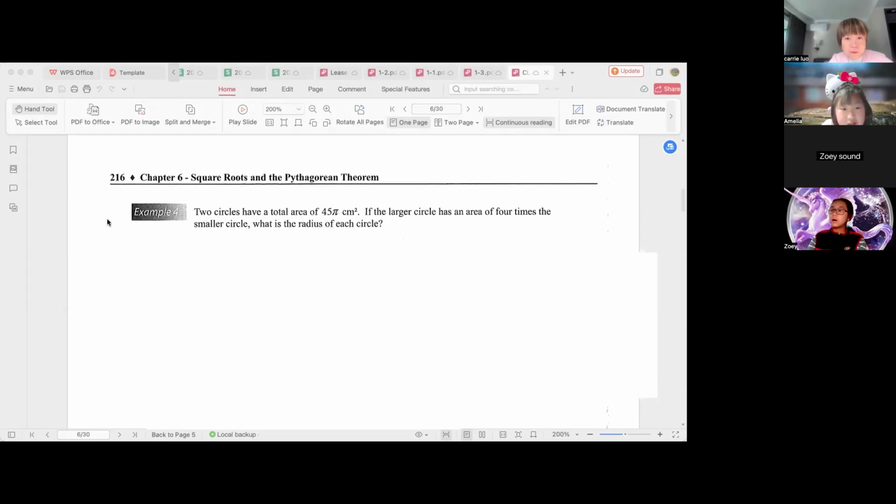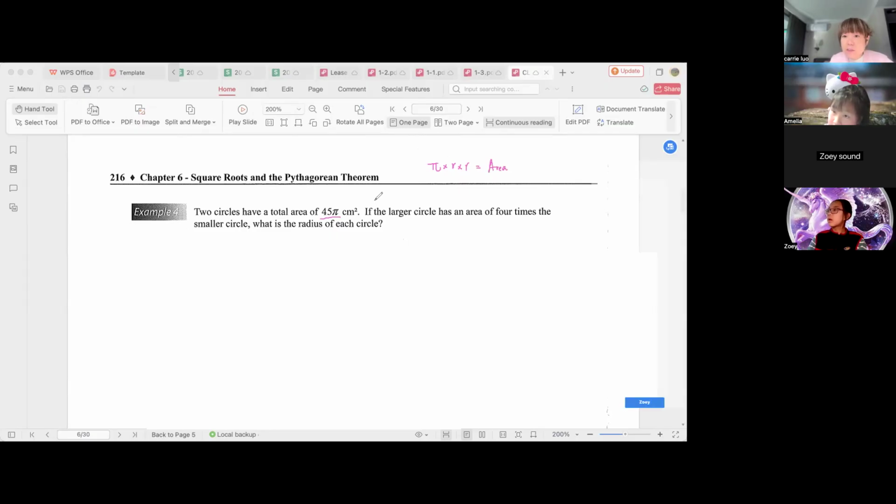Okay, so this time we move to circles. So 2 circles have a total area of 45 pi centimeters squared. Do you still remember how to calculate the area of a circle? So pi times radius squared equals the area of the circle. Correct, Zoe?